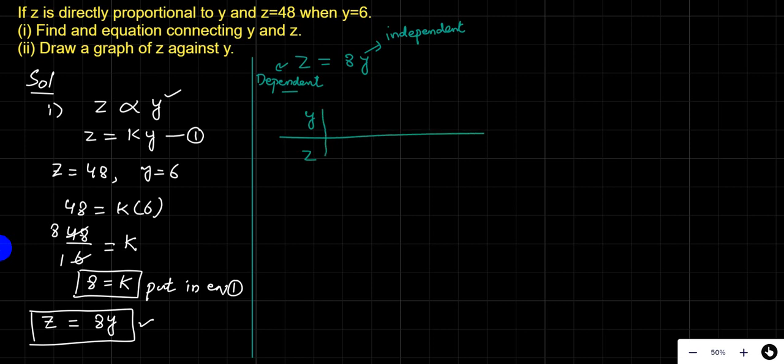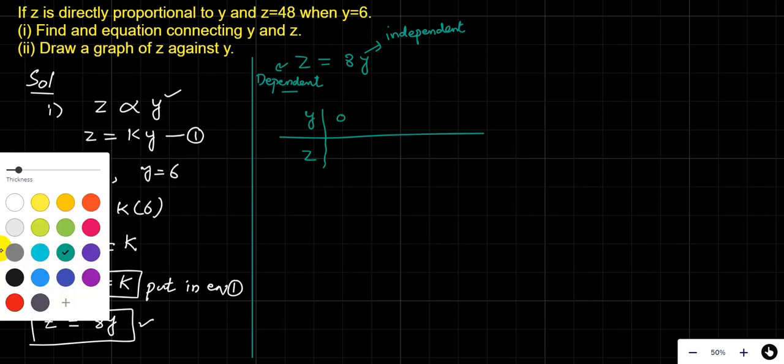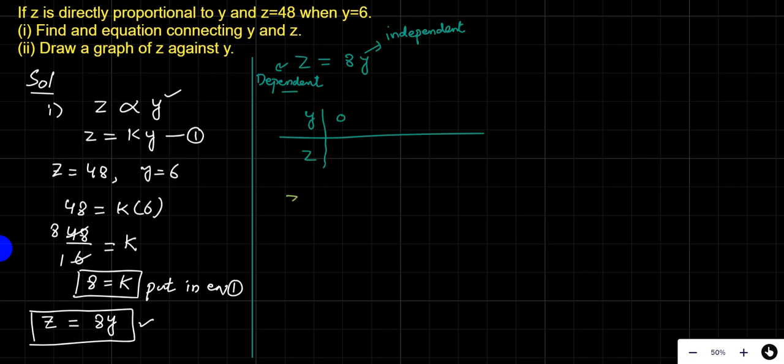Let's say by taking different values, for example we first put y equals 0. So this is the equation. If I put y equals 0 in this equation, z equals 8 into 0, z will also be 0. Let's say we put y equals 1, z equals 8 into 1, z equals 8.